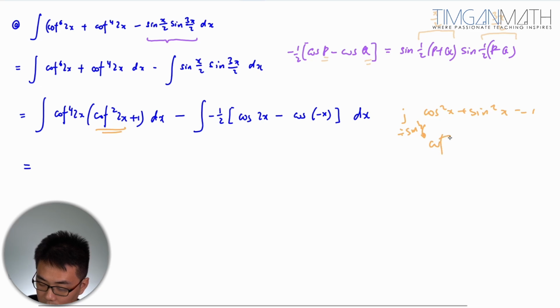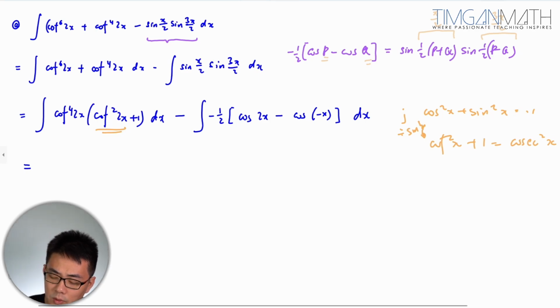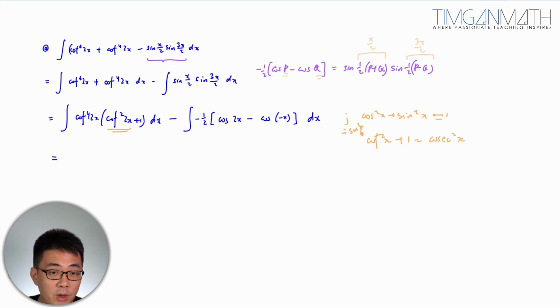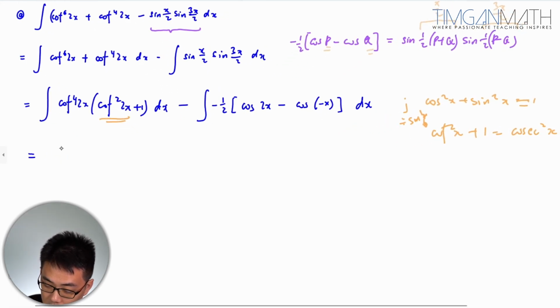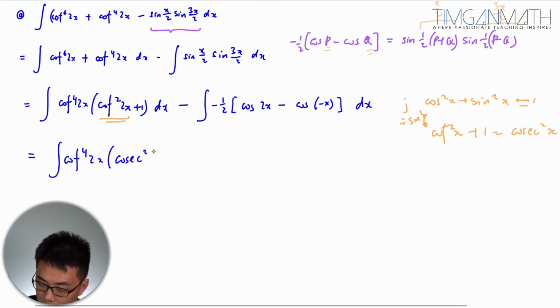This will be cot square x plus 1 equals to cosecant square x. Okay, so always have a scribble MF26, because certain formulas are in MF26, certain formulas are not. So in this case here, I'm going to just change this to cot 4 square 2x, and that will be cosecant square 2x dx.